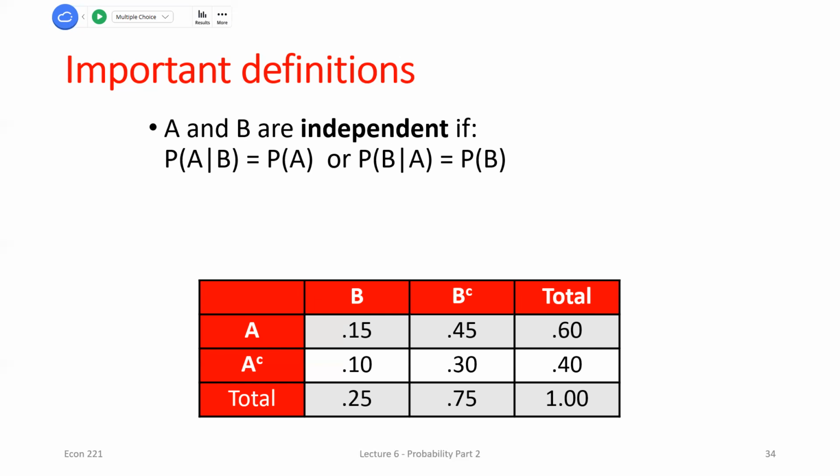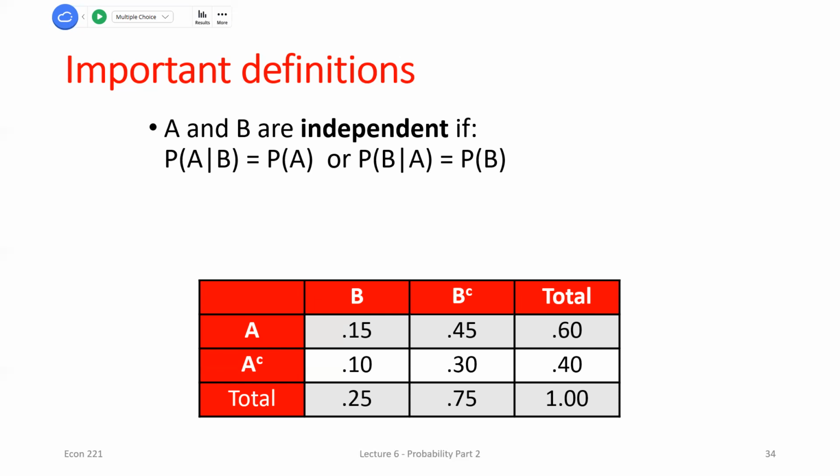Well, the problem is I can't get a conditional probability directly from the table, but what can I do? I can rewrite this as the intersection of those 2 events divided by whatever I'm conditioning on. Well, now, what's the probability of A and B? 0.15, right?